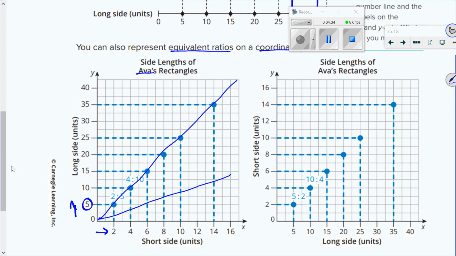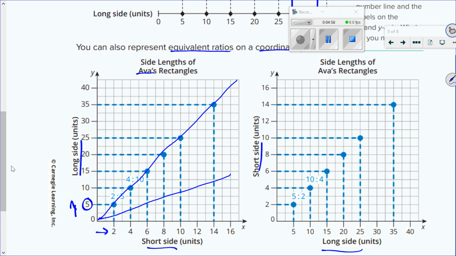What was the other big change they made and why we needed 2 graphs? Anybody see the second change they made? All right. Good. They switched the x-axis and the y-axis around. So bottom line on this, if you're given a graph, you really need to pay attention to everything.